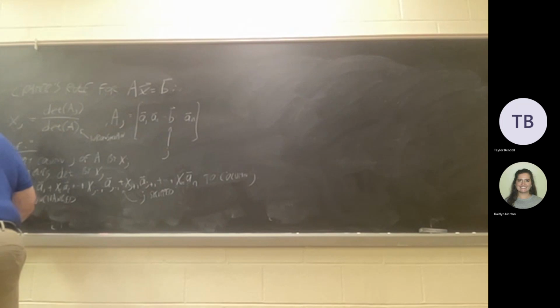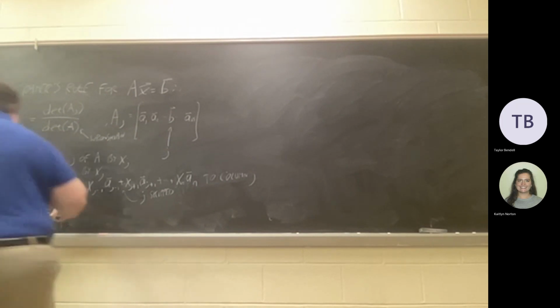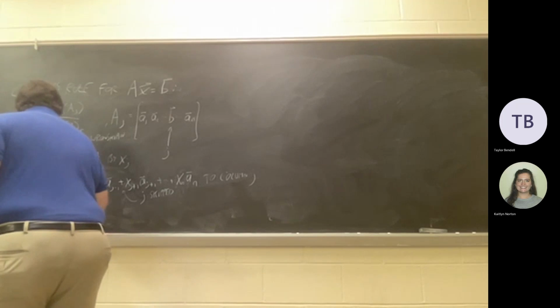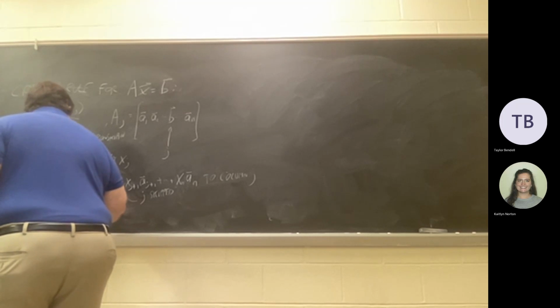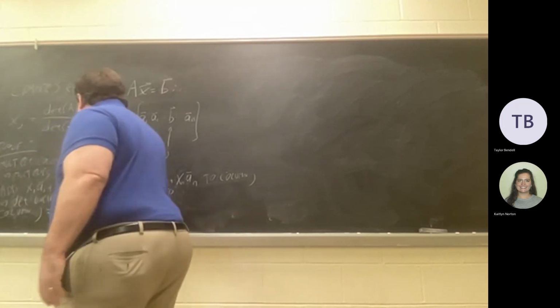But then take a look at what column J is. Column J is equal to a sum, k equals 1 to n, of column K times xk.